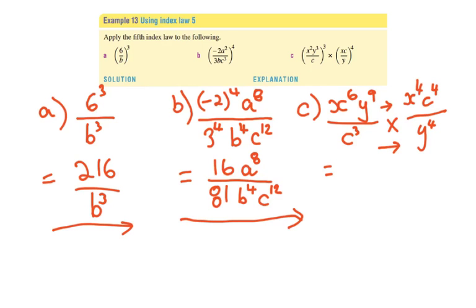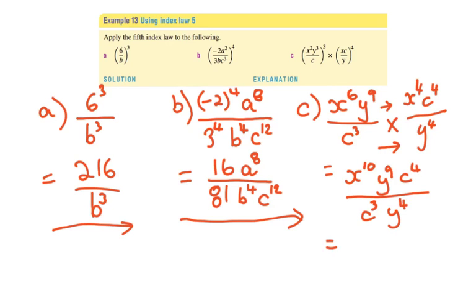This is just using your normal rules of multiplying fractions. So I'm now going to use index law number 1. So my top now becomes x to the power of 10, y to the power of 9, and c to the power of 4, over c to the power of 3 and y to the power of 4.